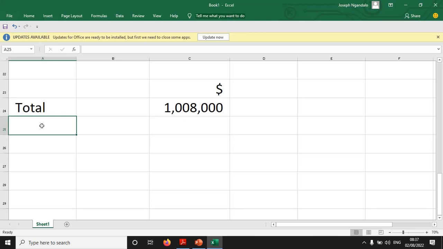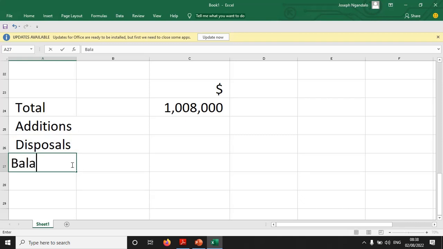So you're going to have to talk about the additions. You understand? What we bought during the year, and talk about the disposals and the balance, what we could have held rather for the full year.